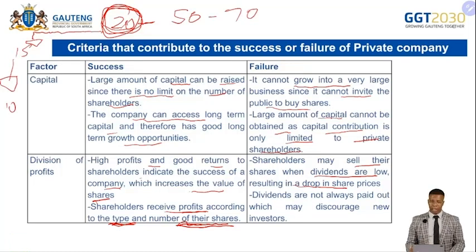So that is the failure when it comes to profits of a private company. And dividends are not always paid out, which may discourage new investors. But remember, dividends are only issued when the company has made enough profit.